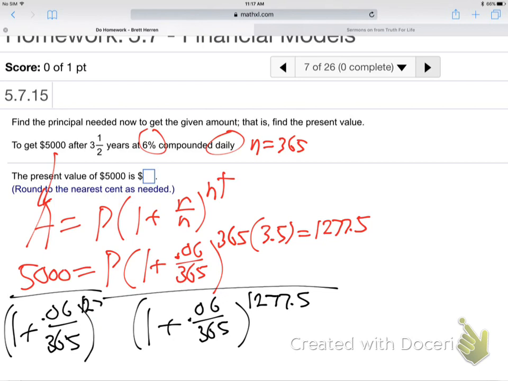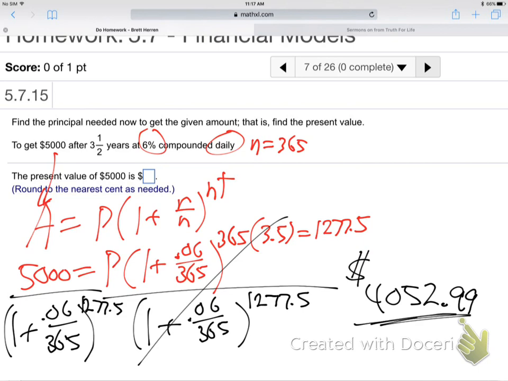That's a big mess. I'm getting 4052.99. So that's the amount you've got to put in the bank.